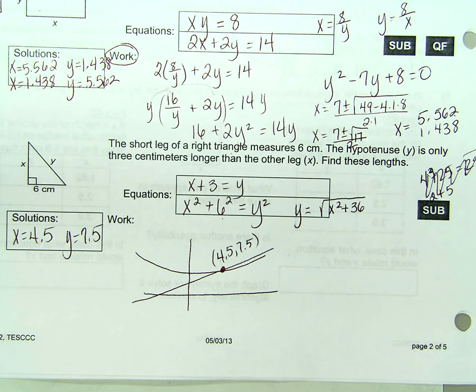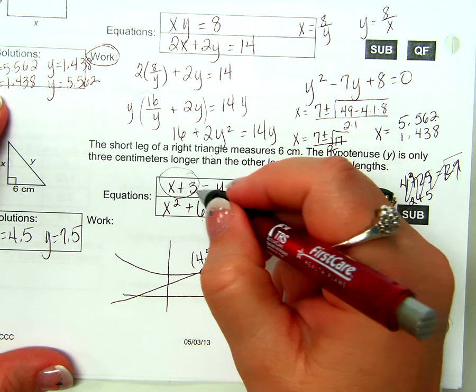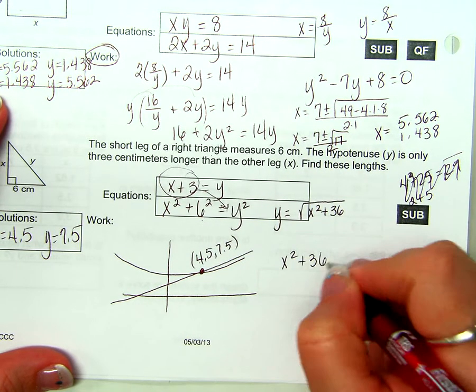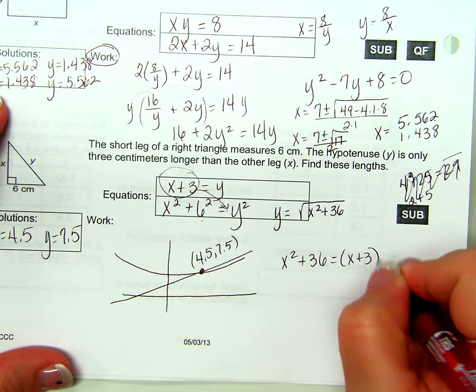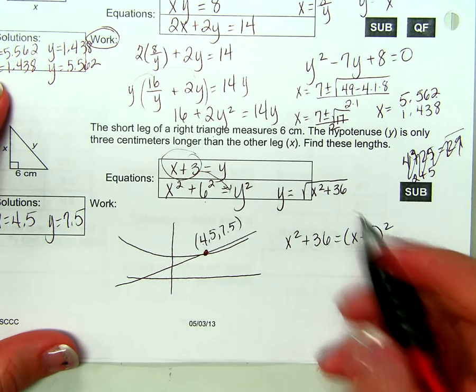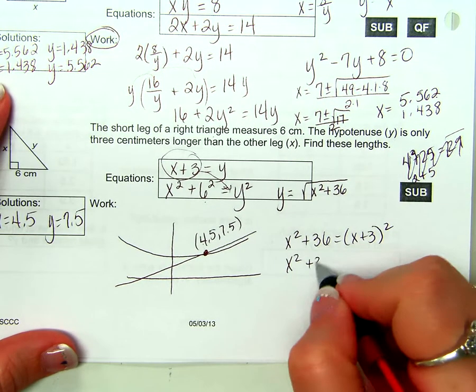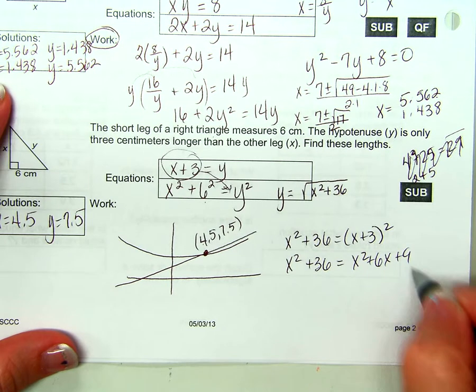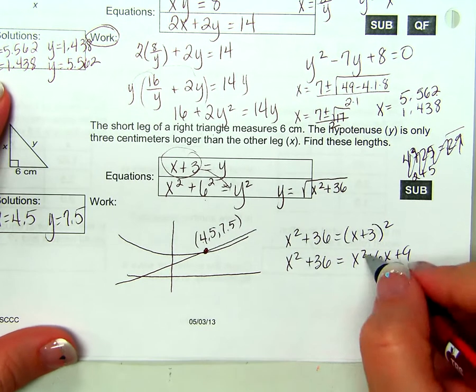Would it have worked out the same way if we did it another way? If I did substitution and substituted this value right here for y, x squared plus 36 equals x plus 3 squared. Well, x squared plus 36 equals x squared plus 6x plus 9. That's a quadratic, isn't it?